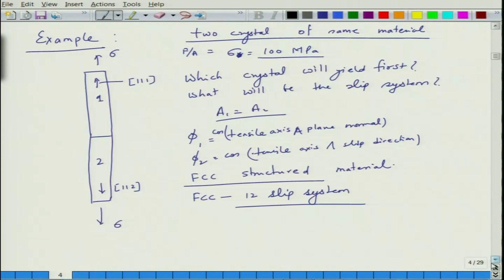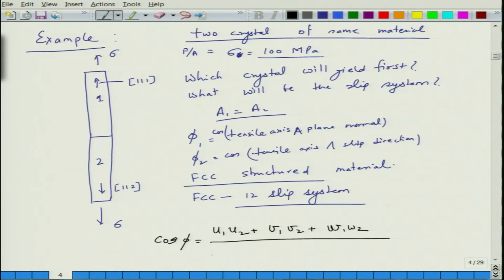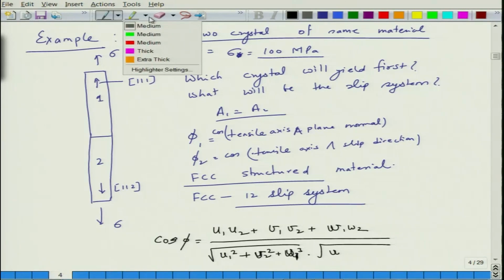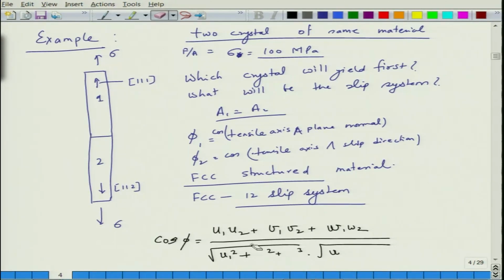We can say that cos phi between two directions will be u1 u2 plus v1 v2 plus w1 w2, divided by the square root of u1 square plus v1 square plus w1 square, into the square root of u2 square plus v2 square plus w2 square.